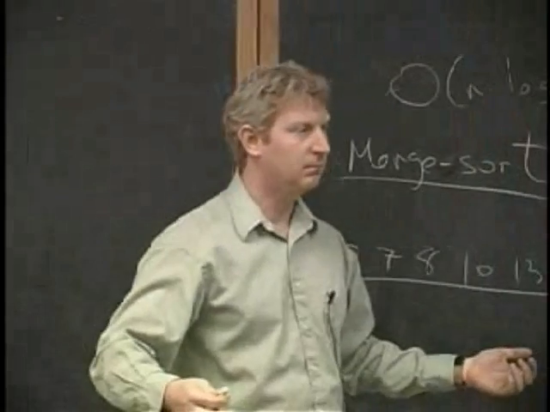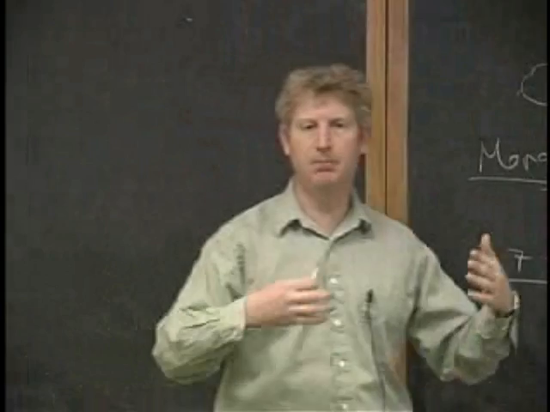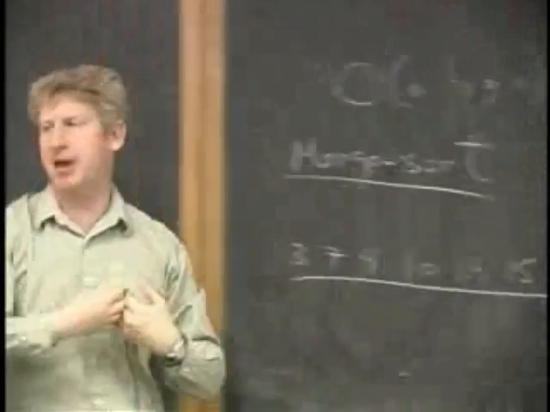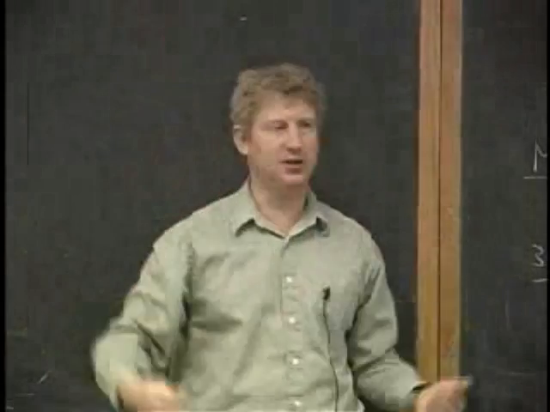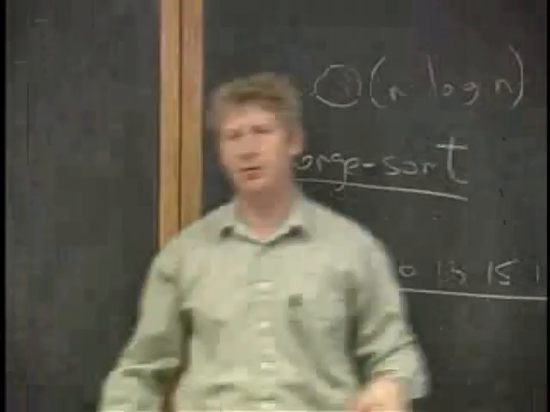What if you have so much data that it doesn't fit in your RAM? You can't get it in an array. Merge sort is a wonderful way to do this, because you can sort pieces, throw them out on a disk, and then merge them as they come back in, without having all this stuff in RAM at the same time.